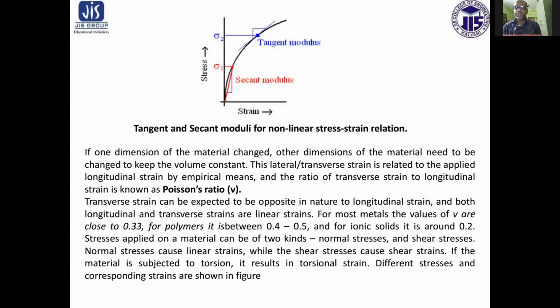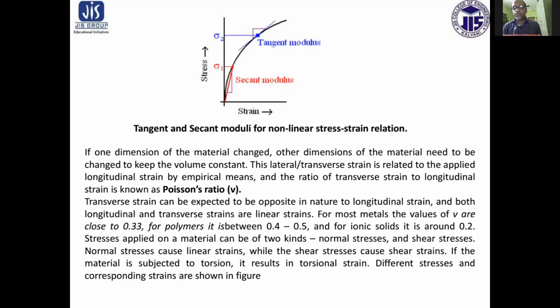Transverse strain is opposite in nature to longitudinal strain, and both are linear strains. For most materials, the value of mu is close to 0.3. For polymers, it is between 0.4 and 0.5. For an ionic solid, it is around 0.2.